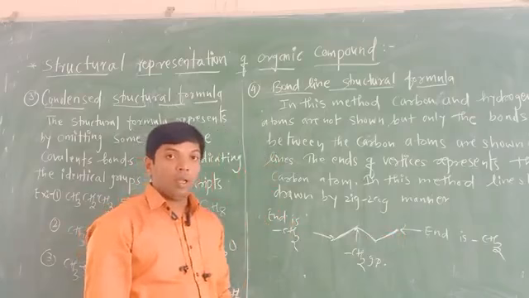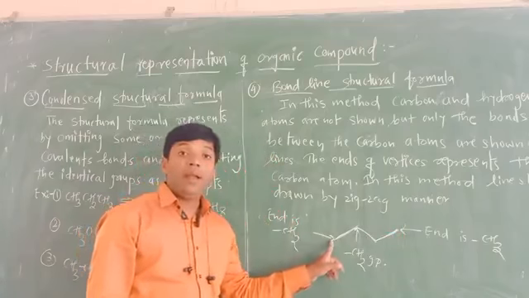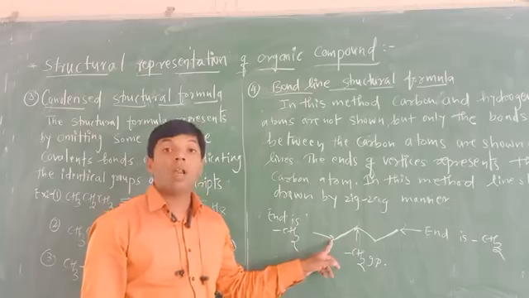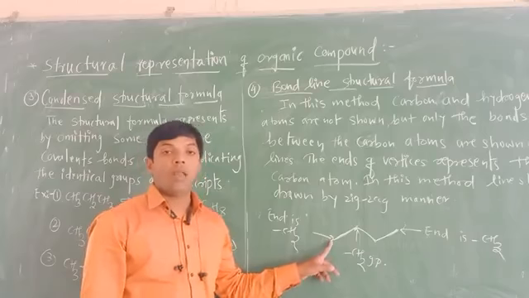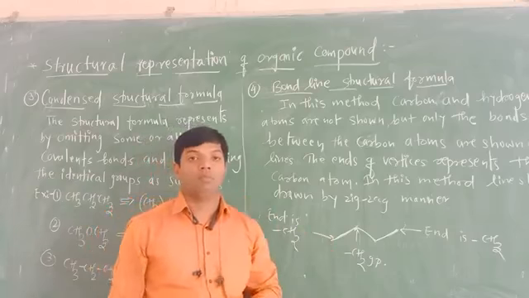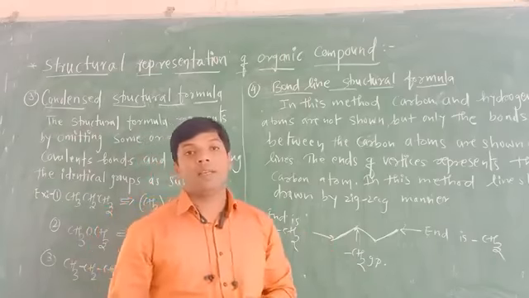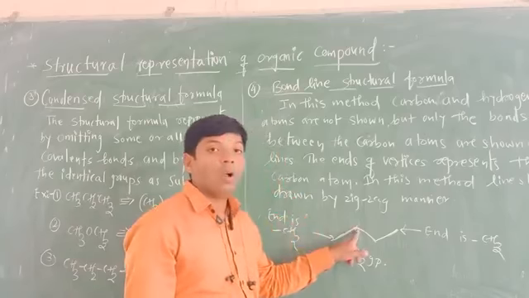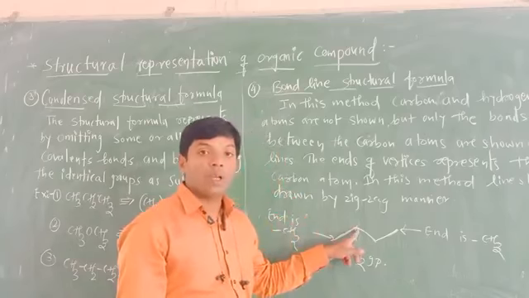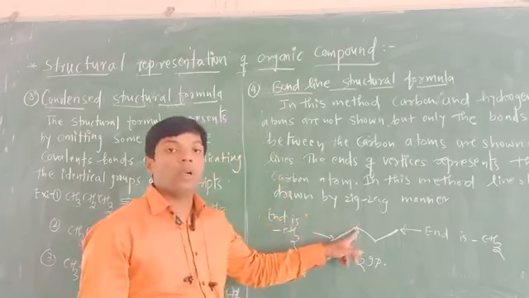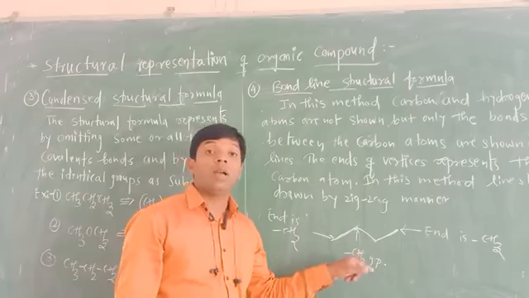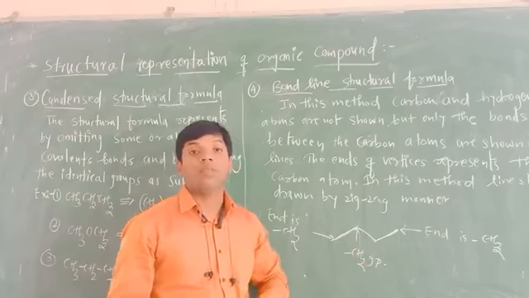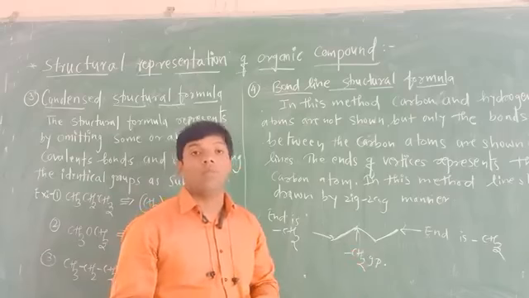Remember, each end indicates a carbon atom, and whenever there is a junction, whenever there is a vertex, whenever two lines join, there also a carbon atom is there, and that carbon atom must be satisfied by valency.